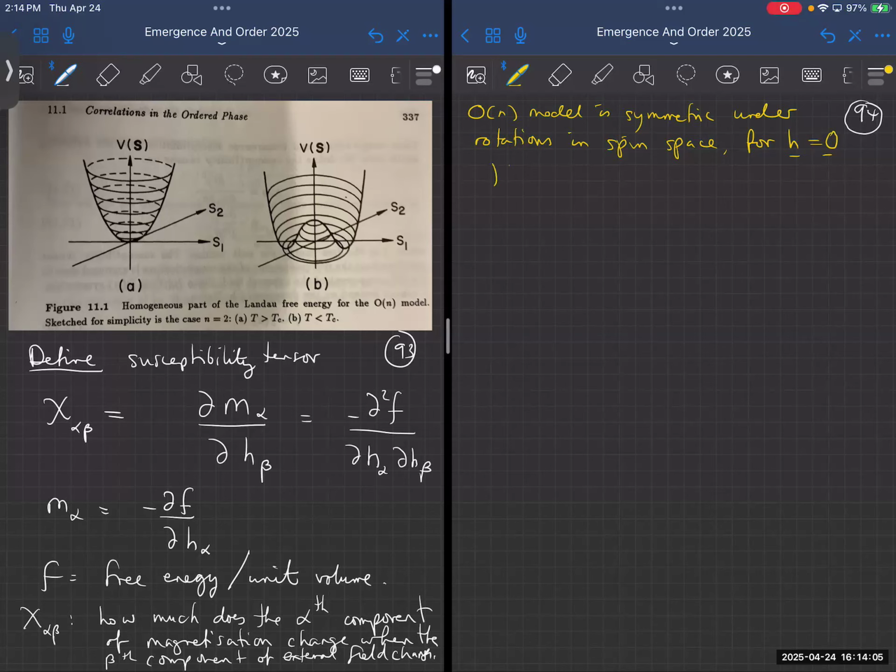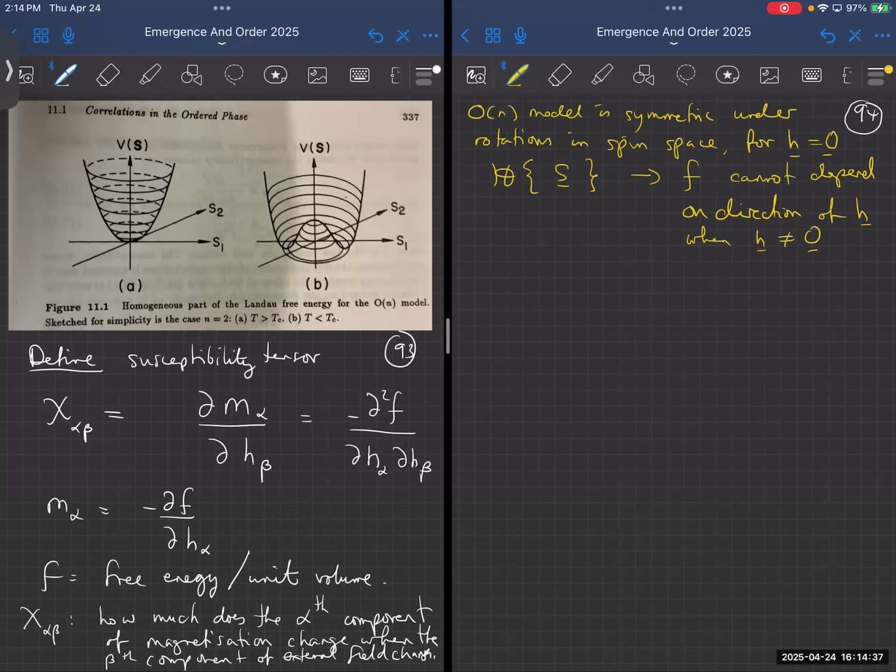So what that means is that the Hamiltonian of the system, I have my order parameter S, means that the free energy per unit volume cannot depend on the direction of H when H is non-zero.